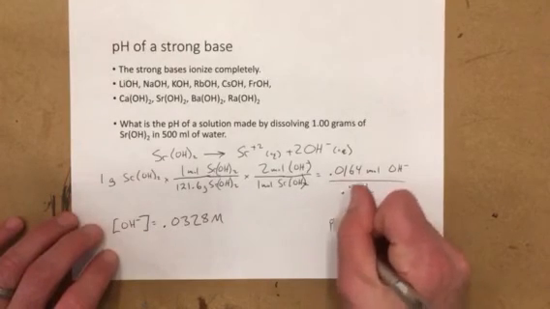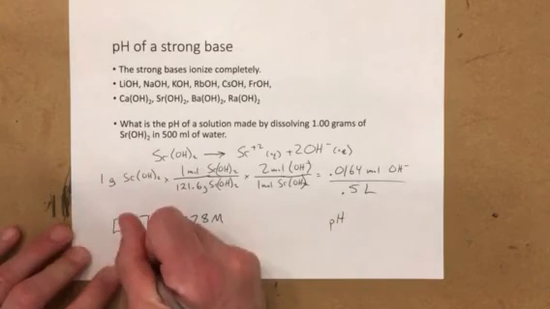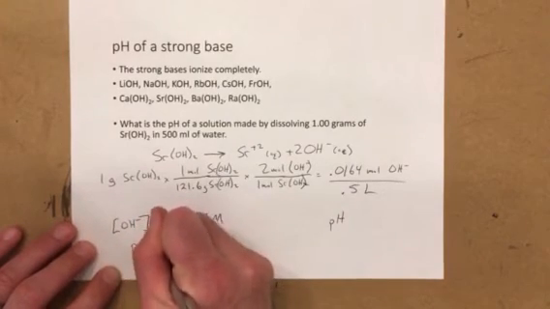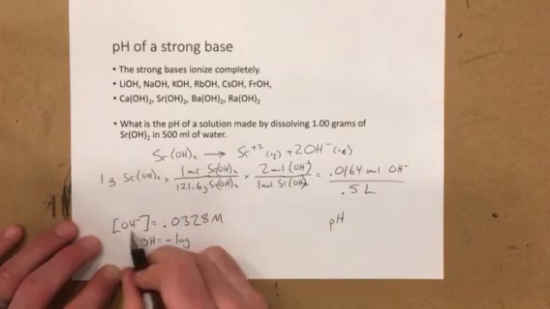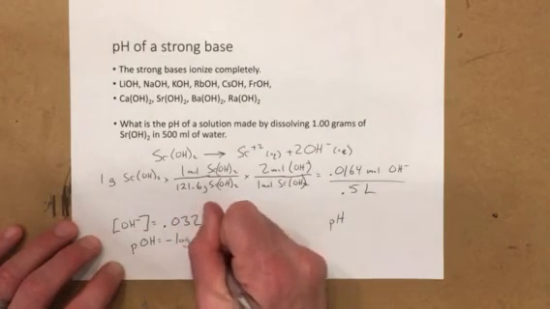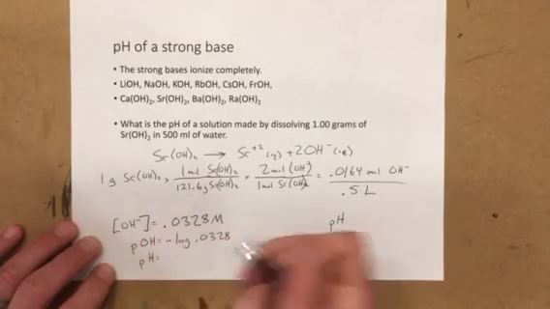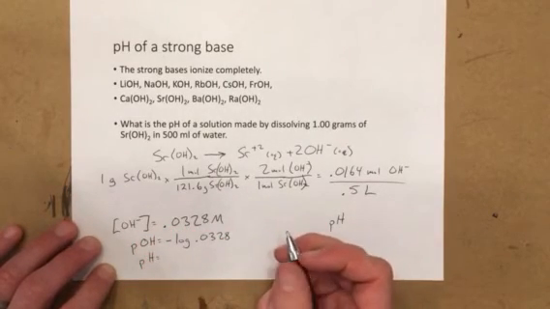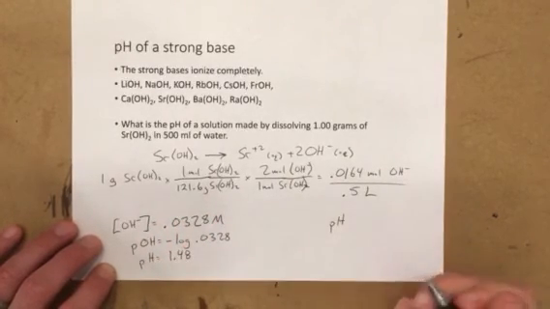Our goal is to find pH. The easiest way to do that when you have hydroxide is probably to find pOH. So for pOH we take the negative log of the hydroxide concentration, which is 0.0328. When you do that on your calculator, you'll find that pOH is equal to 1.48.